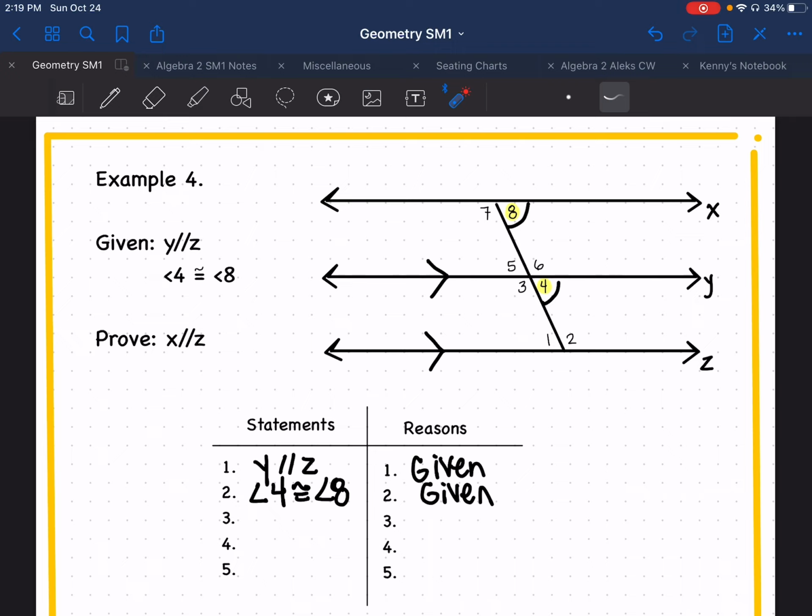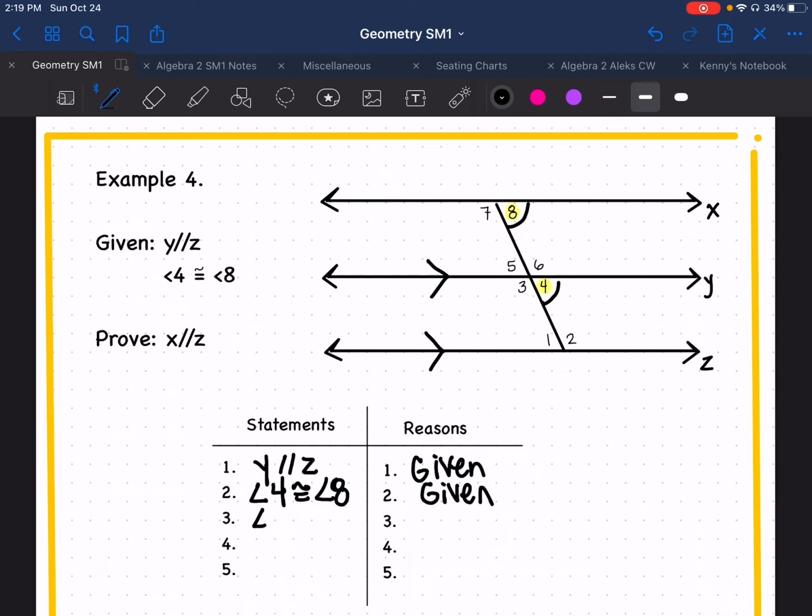So my first proof, remember, were these parallel marks right here. Which one of these angles is on one of these two lines? So which angle is on line Y or Z? 8 or 4? Well, 4. 4 is right here on line Y. So I want to use angle 4.